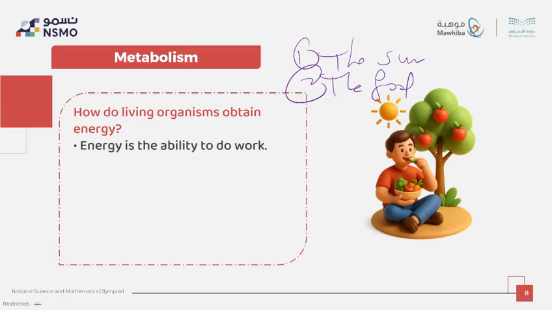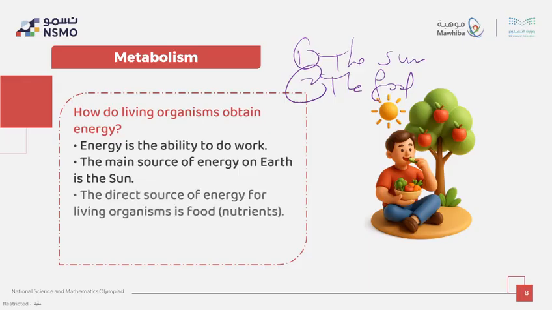Look to this image, guys. It illustrates how energy is transferred from the sun to plants to humans through the food they eat, and they obtain energy from that. Did you wonder before why this energy does not vanish or end or get recreated?